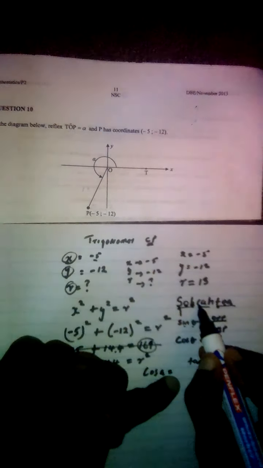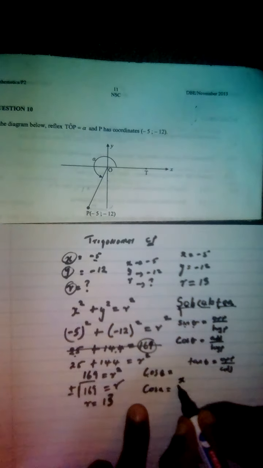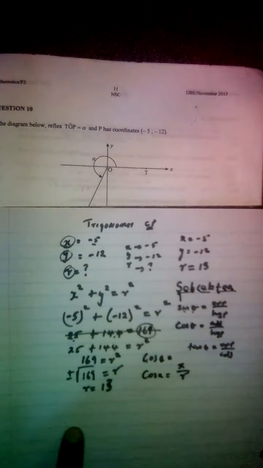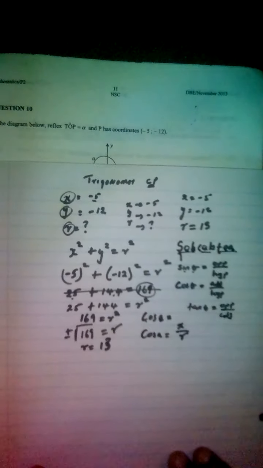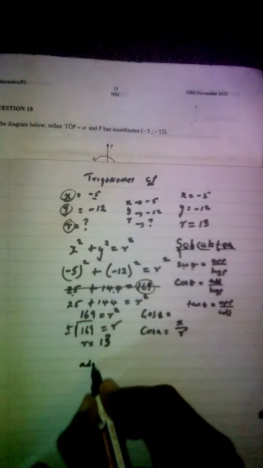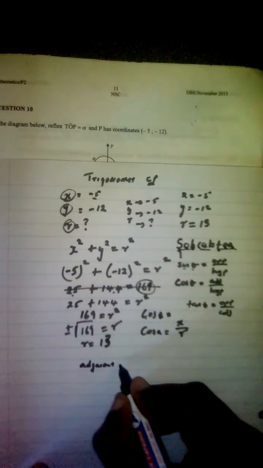So we're going to say cos alpha equals x over r. Guys, you have to know that when we talk about adjacent, we talk about the x variable. Let me say adjacent represents x.